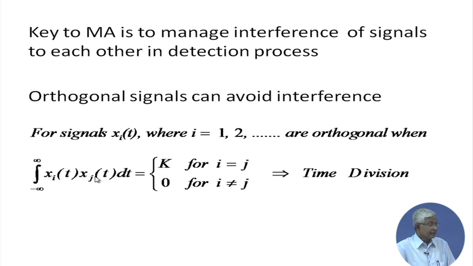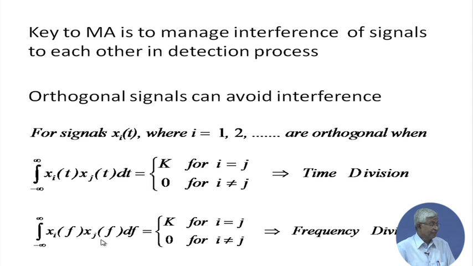Since it is in terms of t, we can call it time division. If it is in terms of f, x_i(f), x_j(f), then it is called frequency division. Mathematically, it can be presented that way.